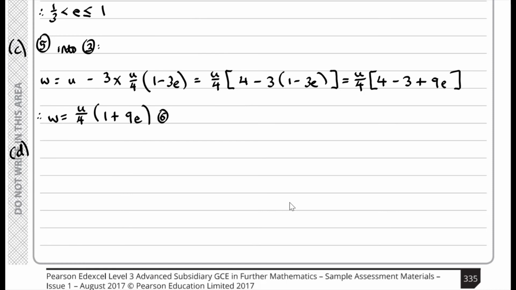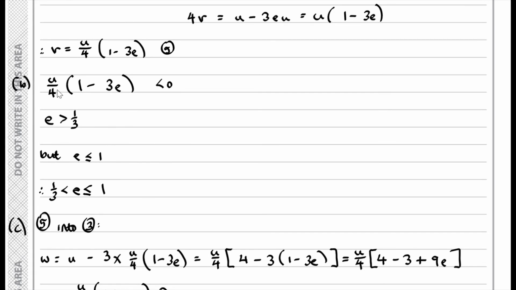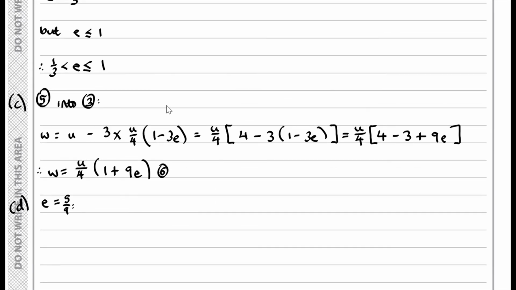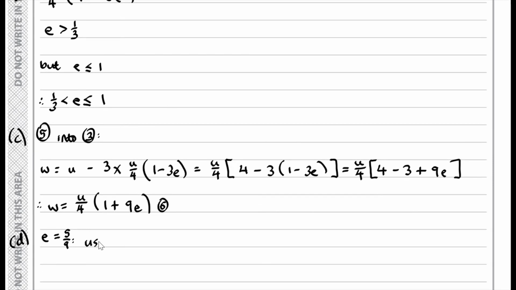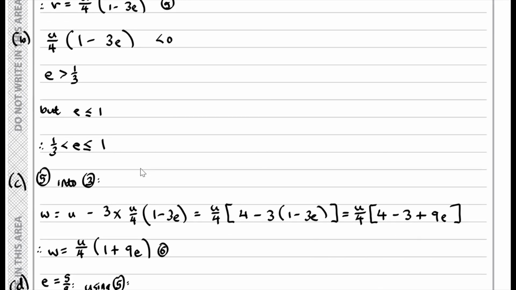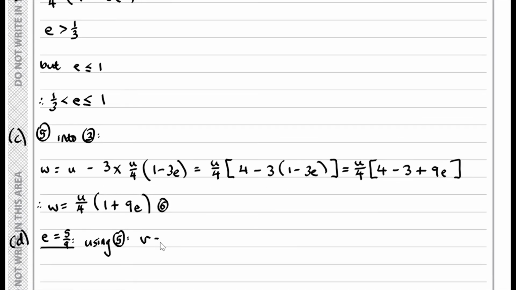So using the fact that E equals 5 over 9, if we substitute this into our equation 5, using 5, we have V equals u over 4 lots of 1 minus 3 times 5 over 9.